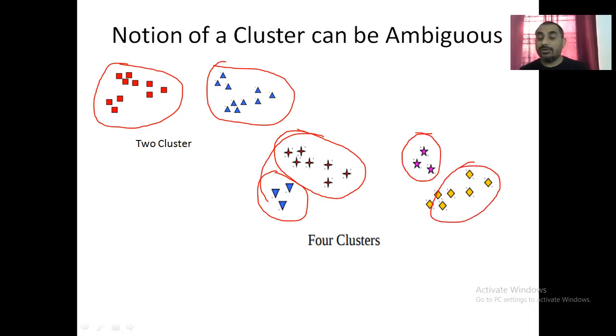These objects have some similarities between each other, and the dissimilarities are more. This is an example of how we can say whether a cluster is better or not, and how we actually form the cluster.